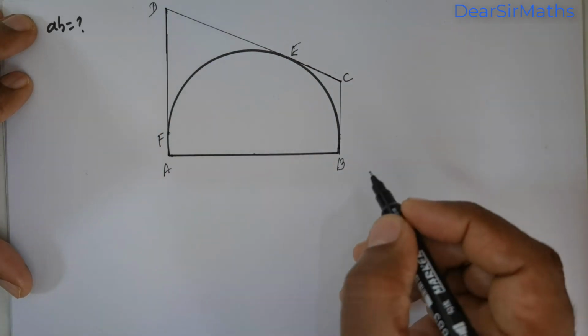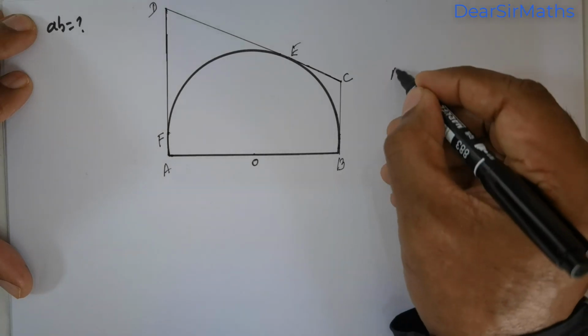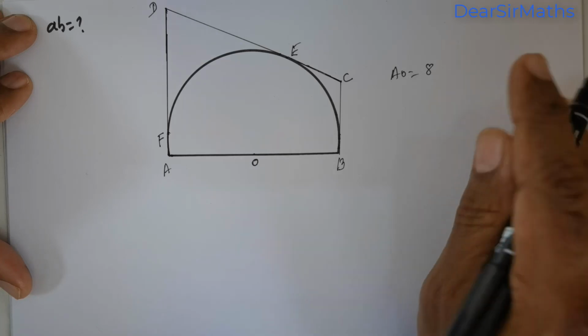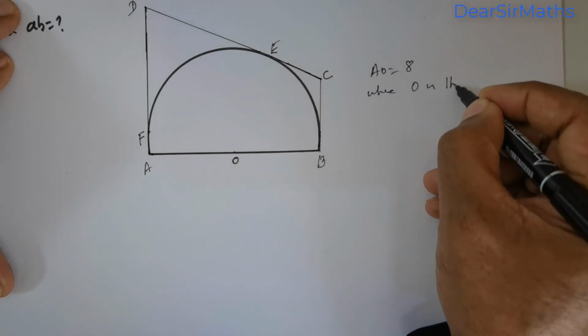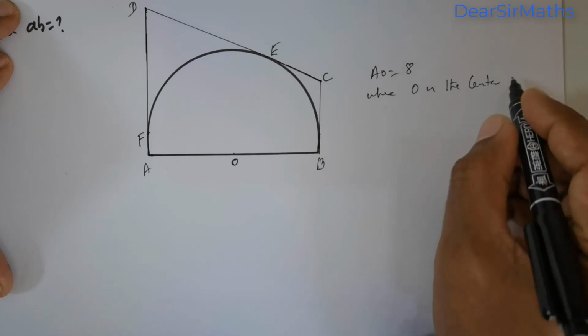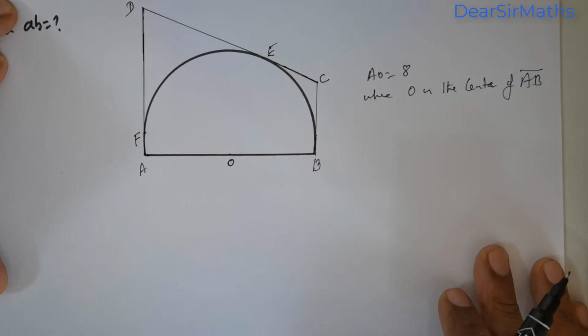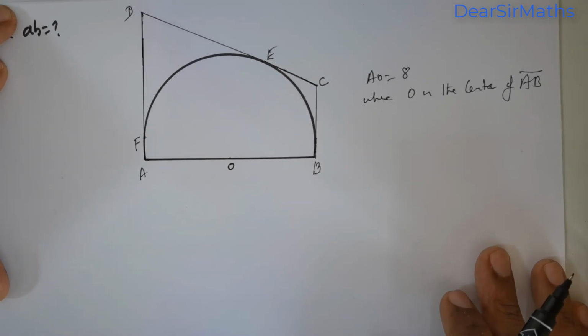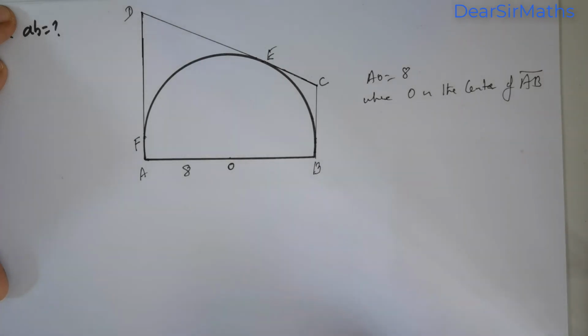Now if I were to take O, then AO is given to be 8 units, where O is the center of AB. Okay, fair enough. So that line segment is 8 units.